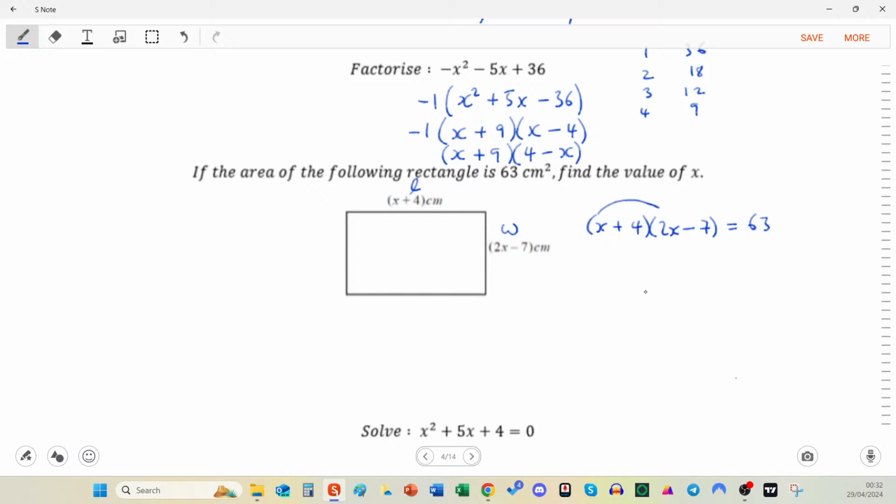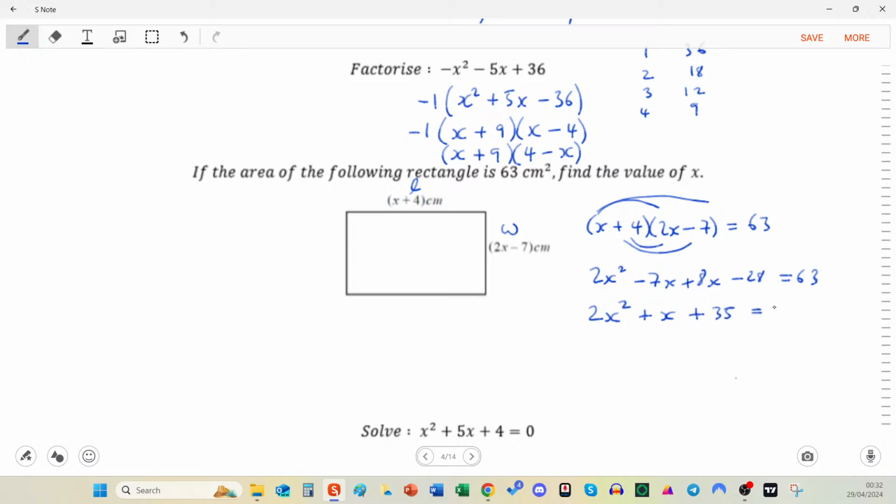Let's expand the brackets. 2x squared minus 7x plus 8x minus 28 equals 63. It's looking like a quadratic, isn't it? 2x squared minus 7x plus 8x, so plus x, and minus 28 plus 63 is 35.